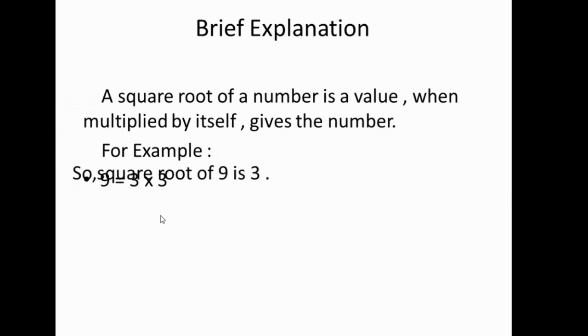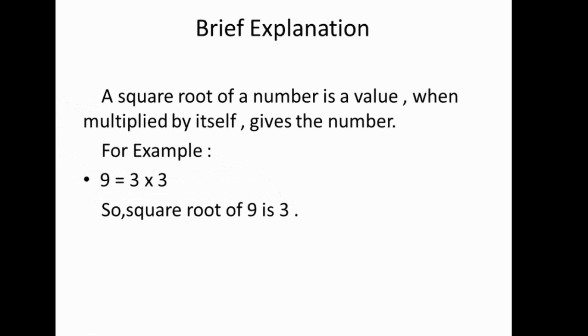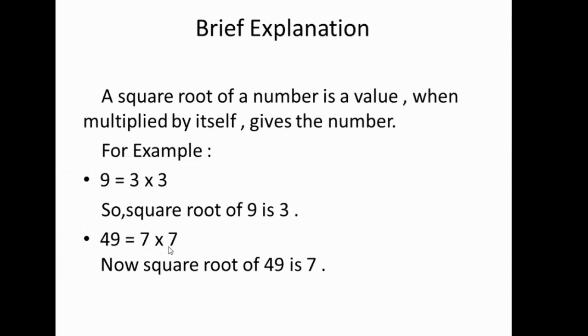So that means square root of 9 is 3. Similarly, if I need to find a square root for 49, I have to check by which two numbers I can work it out. So I did 7 multiplied by 7. The numbers should be the same. So that is how I can say that square root of 49 is 7.